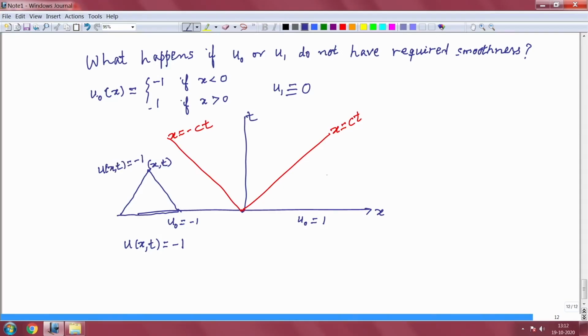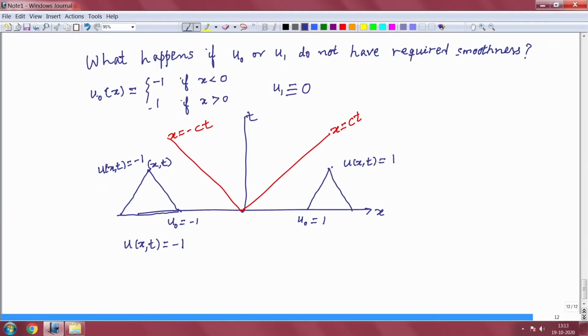Similarly, if you take any point beyond the characteristic x equal to C t, its domain of dependence lies entirely on the positive x axis. So, you again get u(x,t) equal to +1, because u0 is 1 here. Just plug into D'Alembert's formula and you get that.